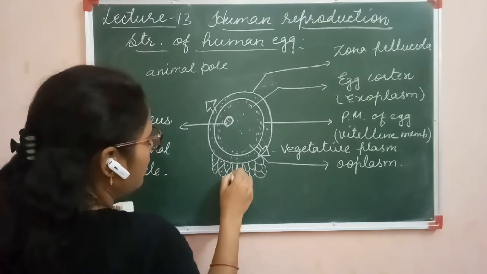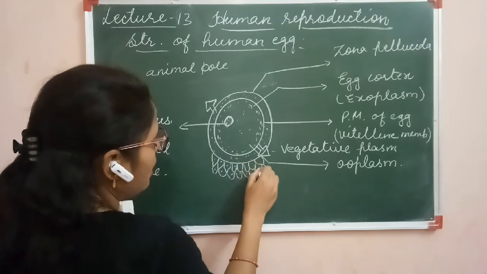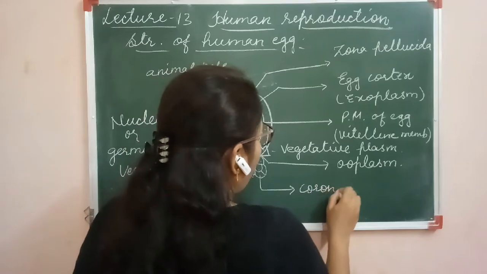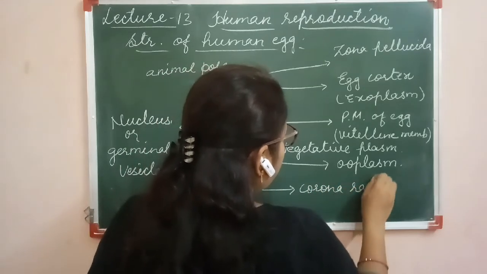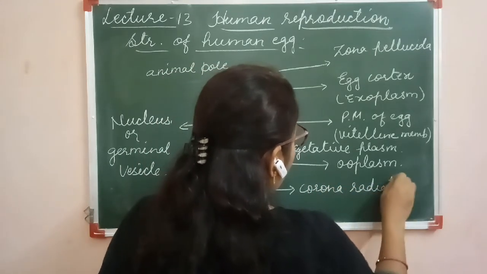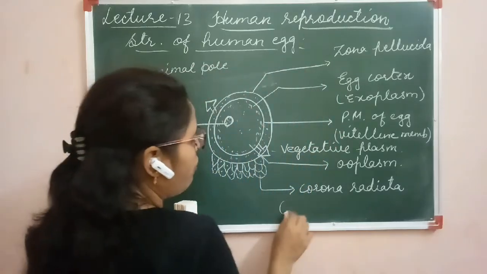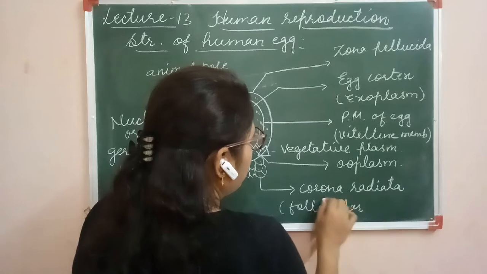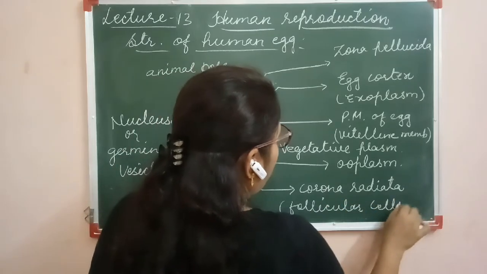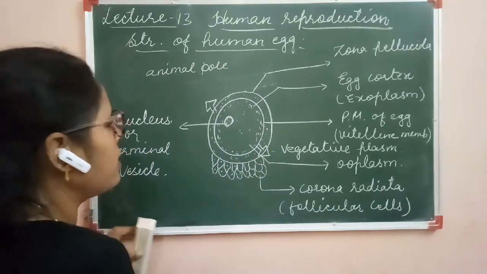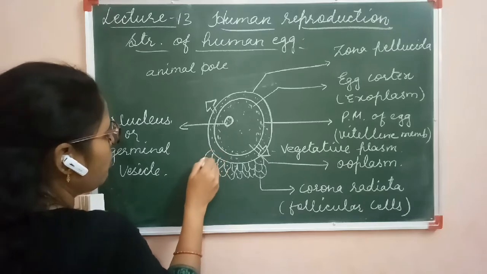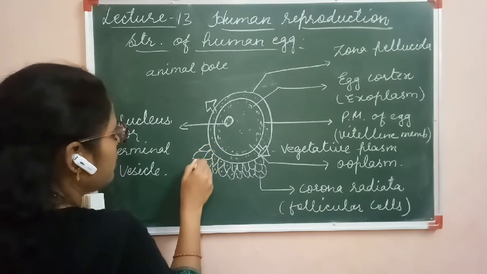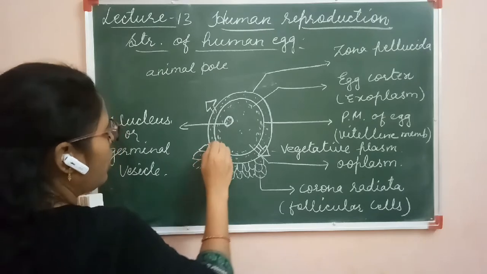These cells are the radially arranged cells. This membrane is called corona radiata, and this is made up of follicular cells. Here, this type of cell structure an egg cell has. Now I am drawing some more radially arranged cells here. These are the corona radiata.